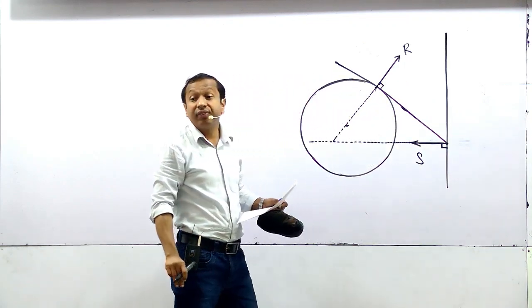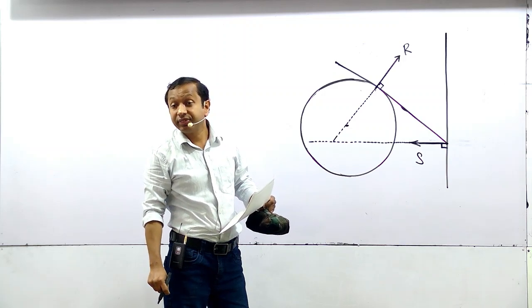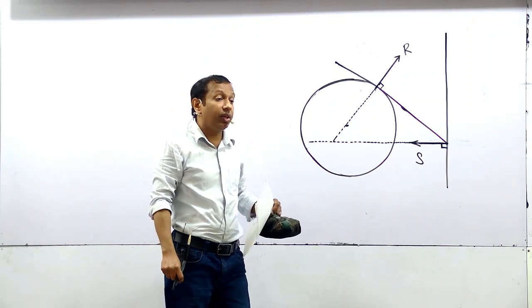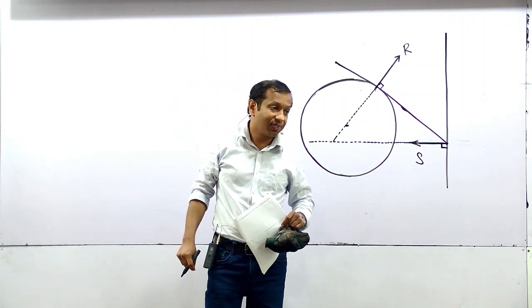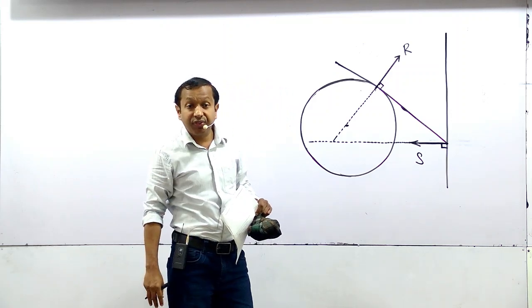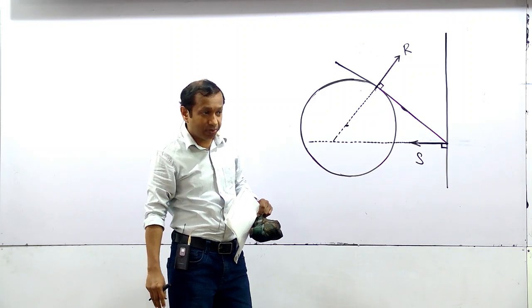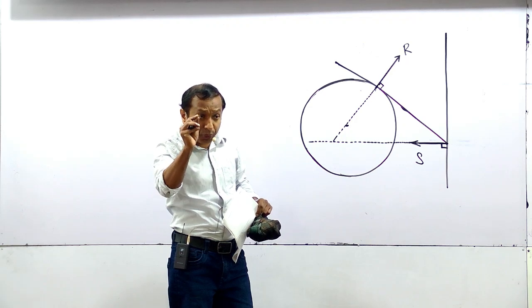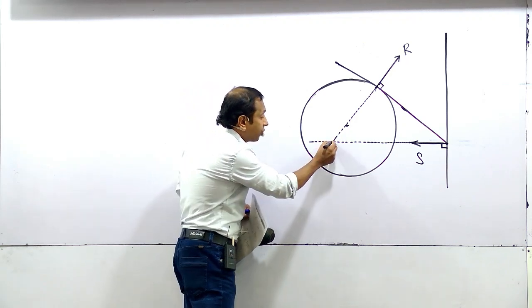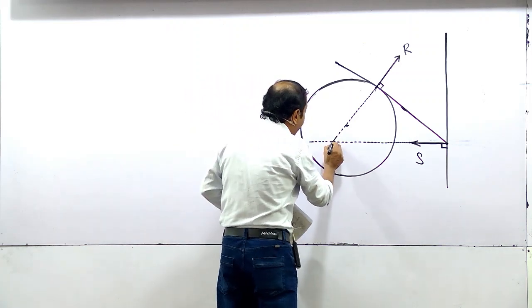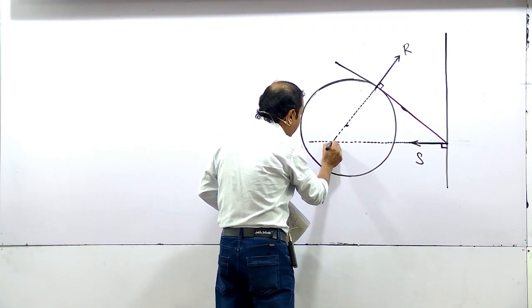What is the next one? Next one is the weight of the rod. And then finally, the rod is in equilibrium under the action of how many forces? 3 forces. We know whenever any object is in equilibrium under the action of 3 forces, the 3 forces must meet at a point. So the line of action of the weight produced should definitely pass through this point. Am I correct? Yes, right. Then we'll draw the line of action of weight produced like this.